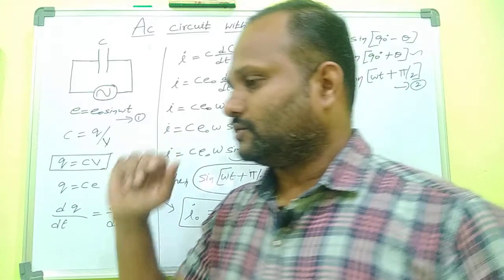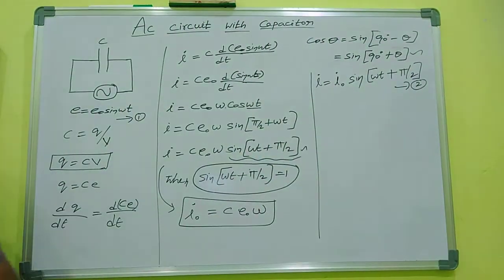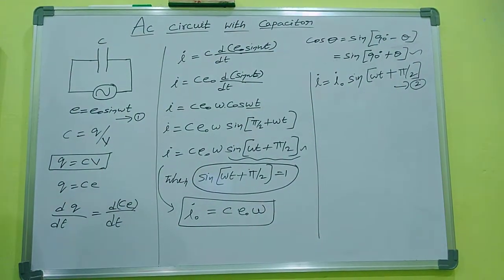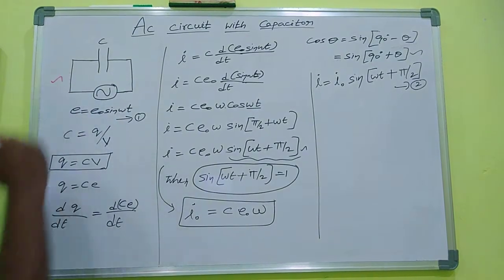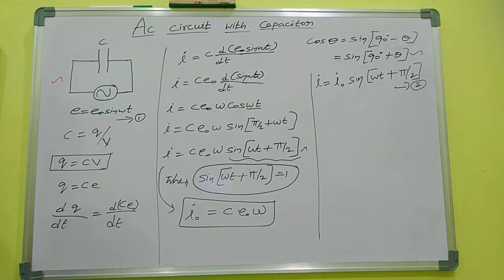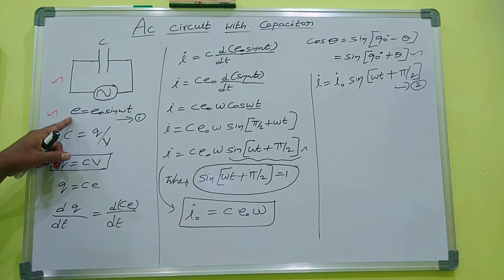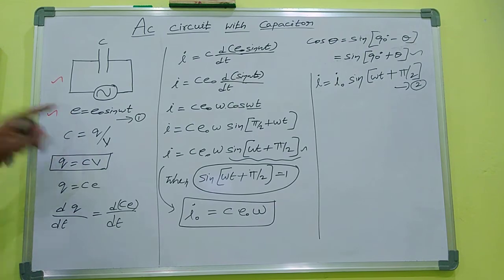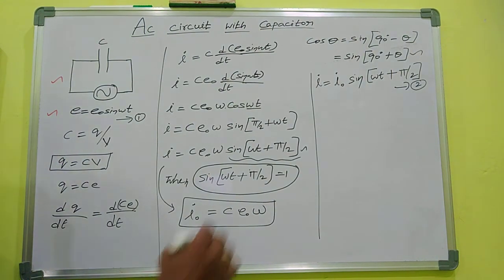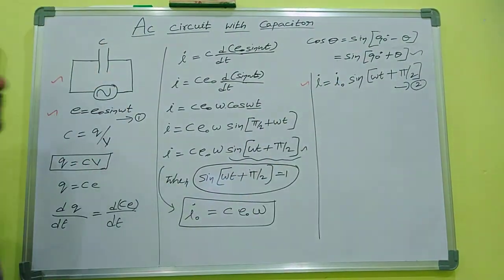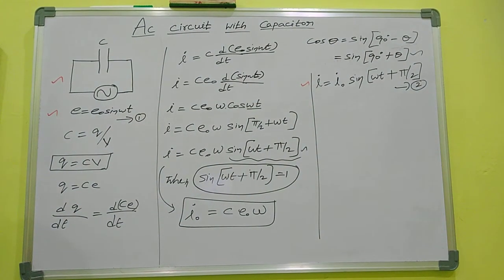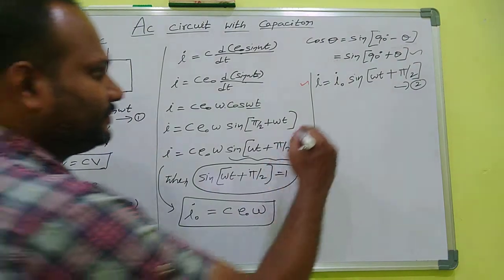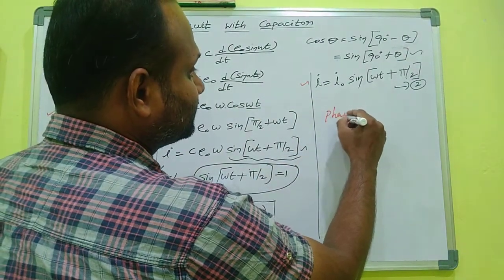Okay. So first, what do we do here? First, I draw the diagrammatic representation. Second, we write E equal to E naught sin omega t, alternating source of EMF, expression for instantaneous EMF. Third, expression for instantaneous current, I equal to I naught sin omega t plus pi by 2. Fourth, phase difference.